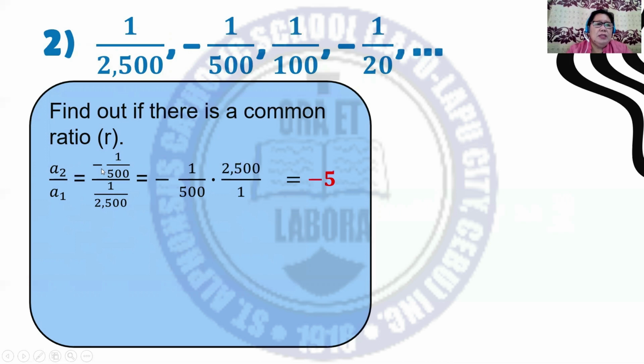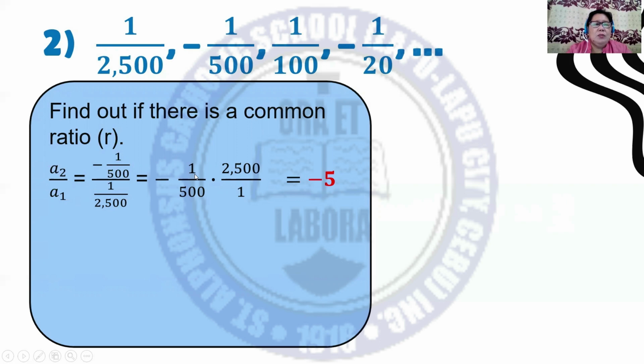The second term is negative 1 over 500 over the first term, which is 1 over 2,500, which is equal to negative 1 over 500 times the reciprocal, 2,500 over 1.